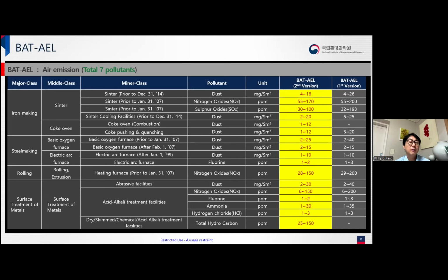So maybe next year the new cycle of permissions will start in Korea for iron and steel and non-ferrous materials. Next, please.